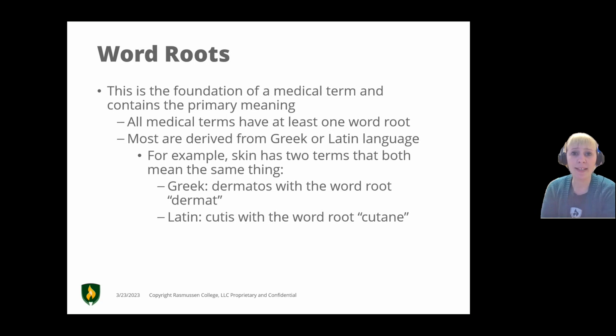When we talk about what is a word root, it's really sort of the general term or the foundational term within that medical verbiage. So for example, if you have the term cardiology, cardi is the word root that refers to a specific unit within the body.